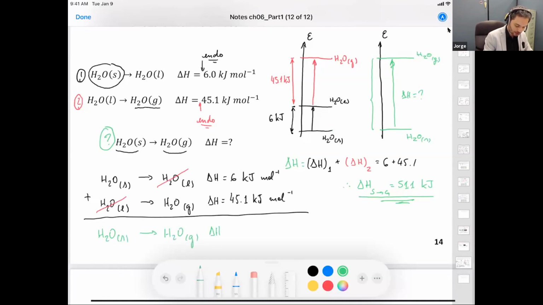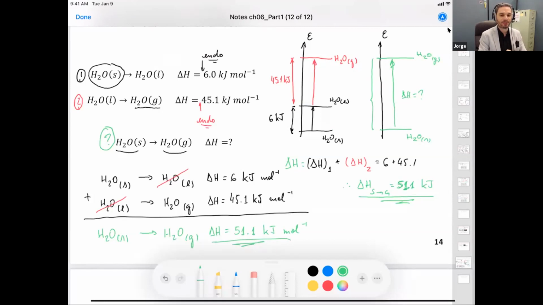What about the delta H? If I'm adding up, I'm going to add up the delta H as well, and this is going to give 51.1 kilojoules per mole. So we got the same number as we did using the energy diagram. Okay? And that's how Hess's law works.